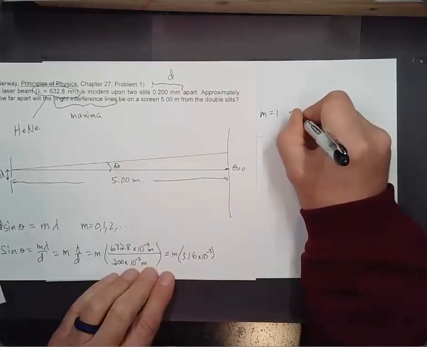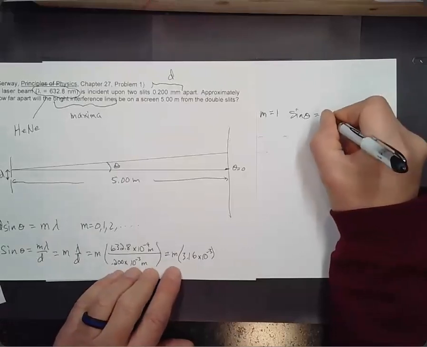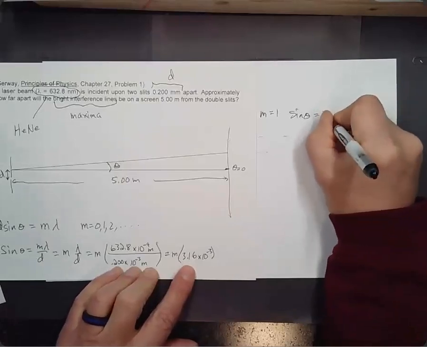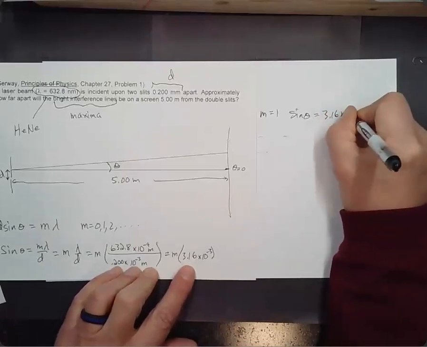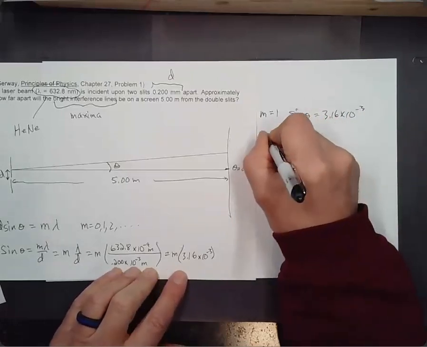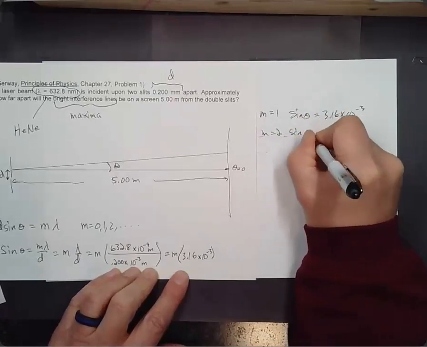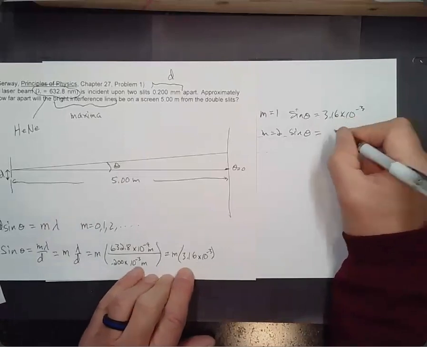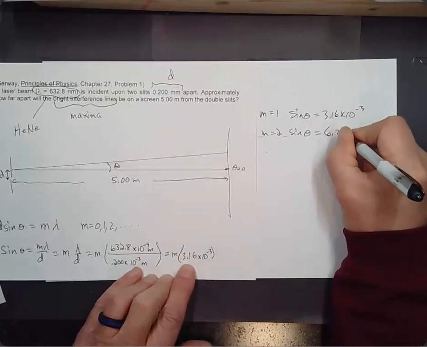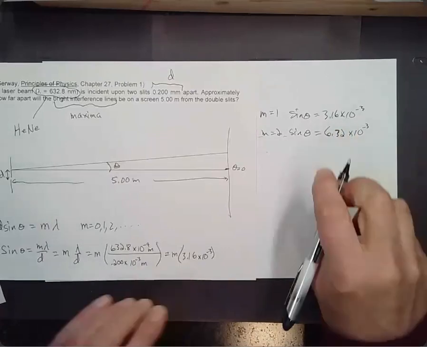Sine of theta will equal, actually, if m is 1, it'll be 3.16 times 10 to the minus third is what its value is. If m is equal to 2, it'll equal twice that. Okay, so twice that is 6.32 times 10 to the minus third.